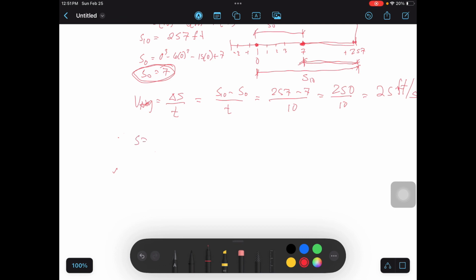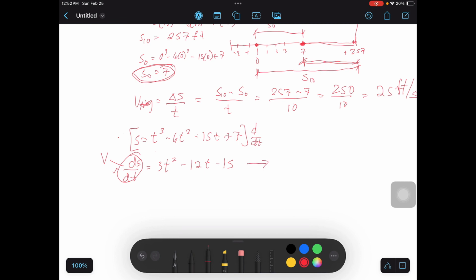So, S is equal t cubed minus 6t squared minus 15t plus 7. I-derive natin to sa differential ng time, ds over dt equals 3t squared minus 12t minus 15. This is velocity.